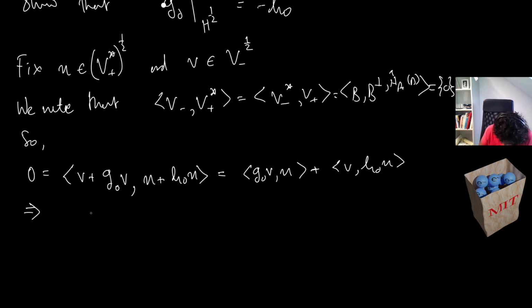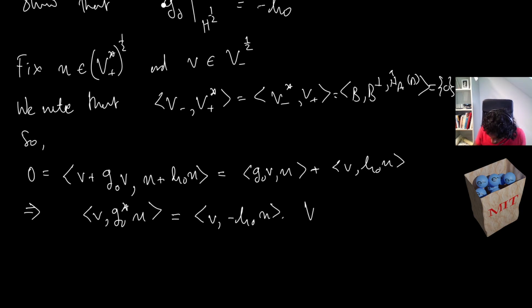So that tells us that we get V, G naught star of U. So remember, this is at the level of the H minus a half object, is equal to V, minus H naught of U for all V in V minus a half.